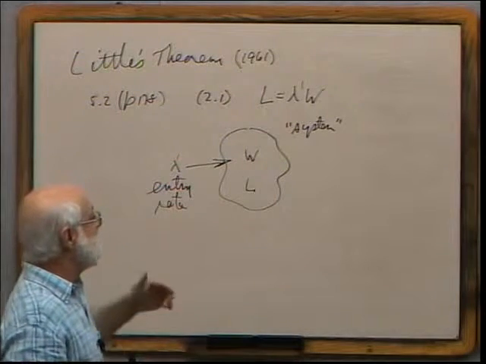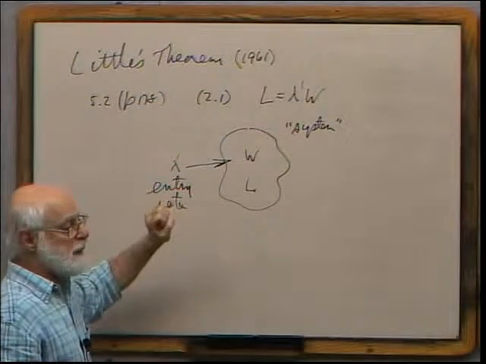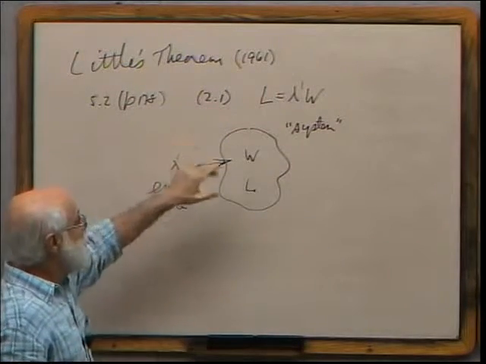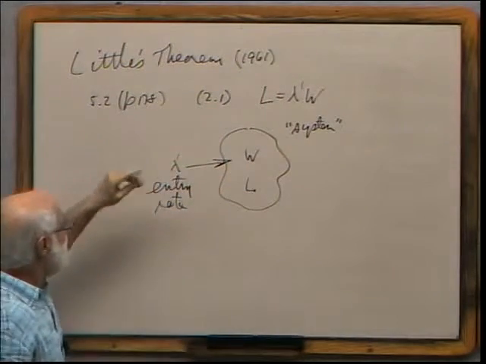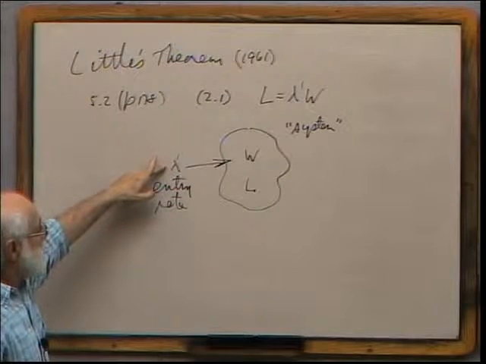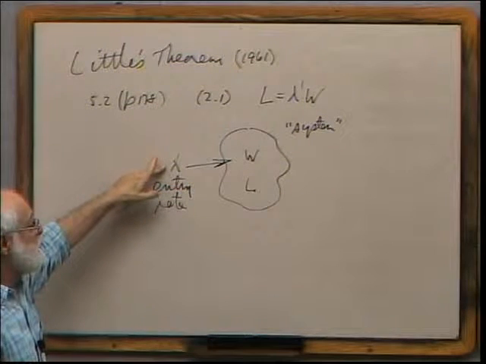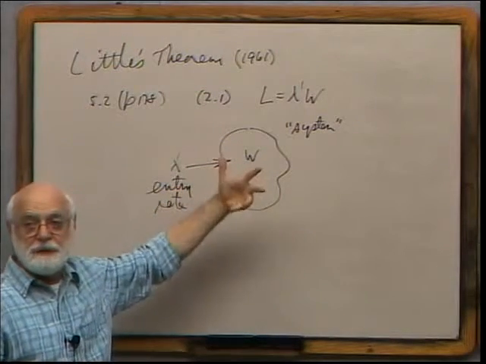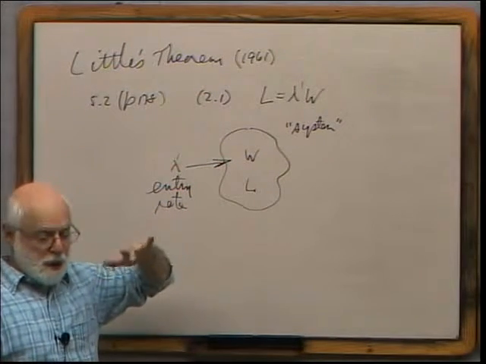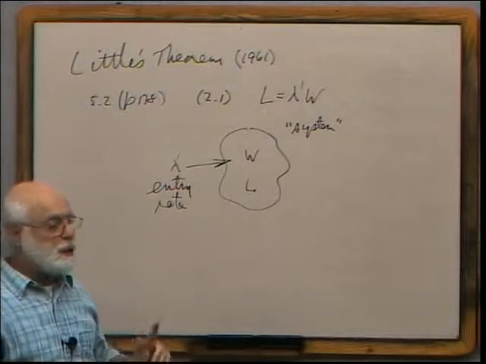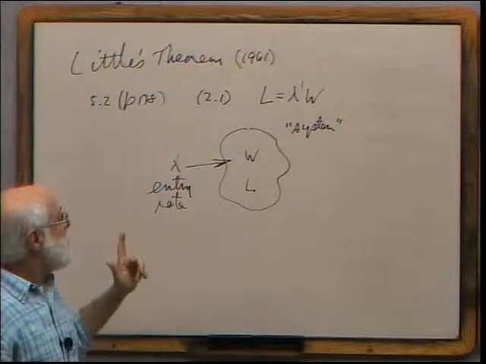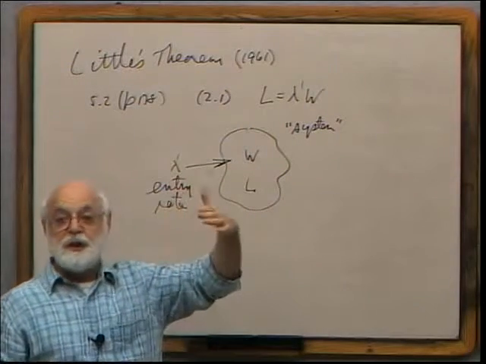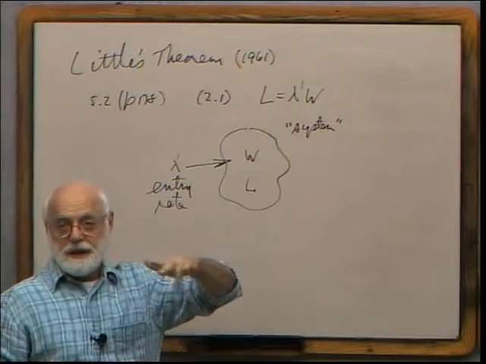That's why this is so important and so robust, because this formula is going to hold regardless of whether these arrivals occur according to a Poisson process, and regardless of the service time distribution. It doesn't make any difference. So it works everywhere. The only essential requirement is that the L, the W, and the lambda must exist. But as long as they exist, then this is going to hold.